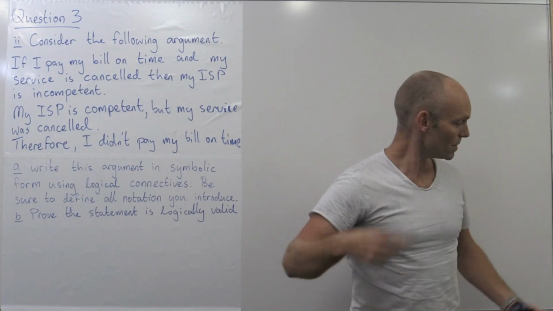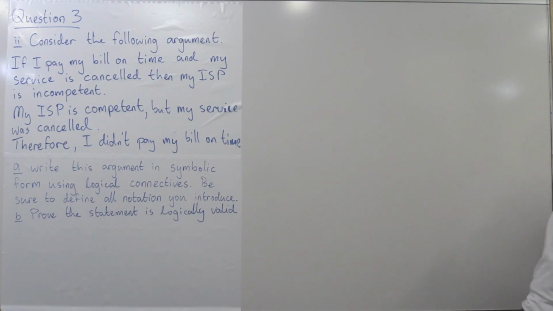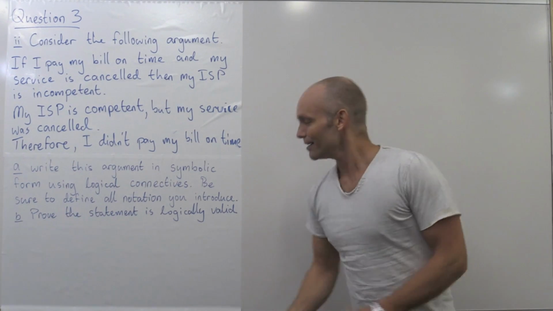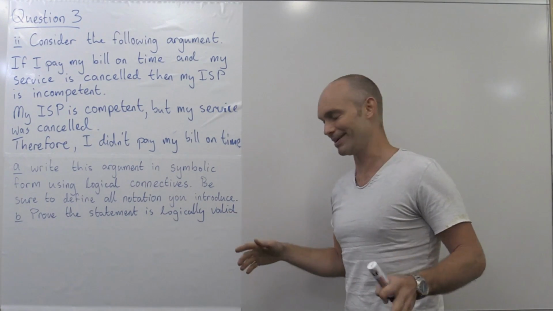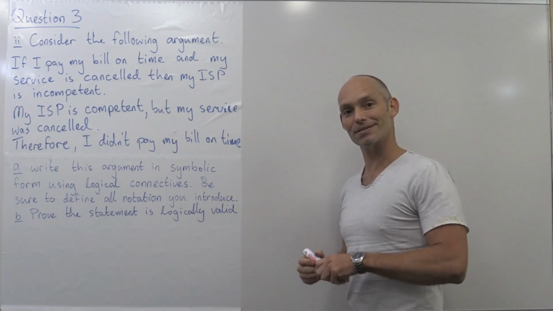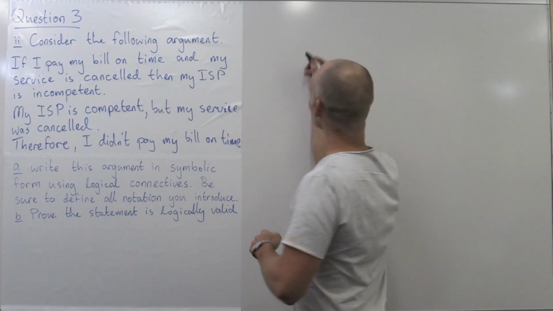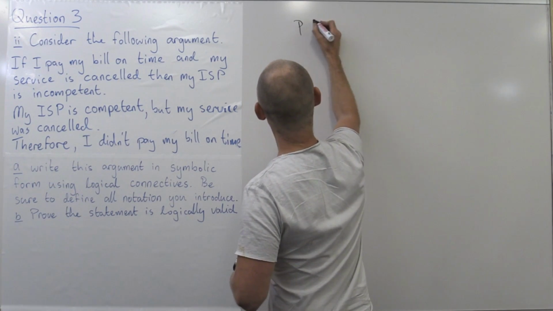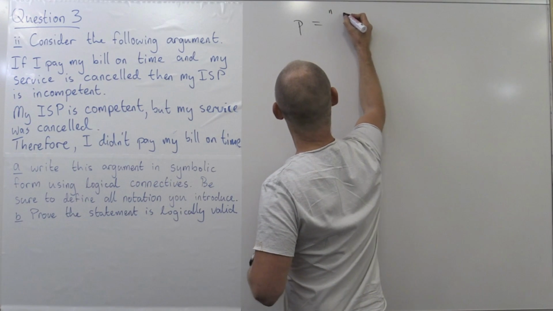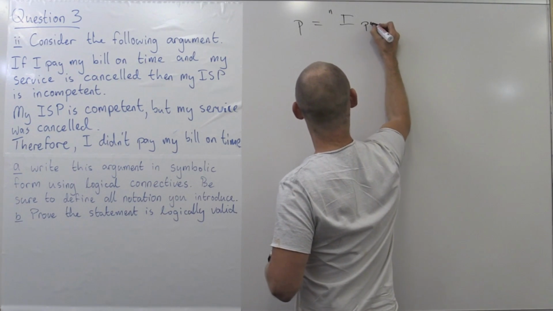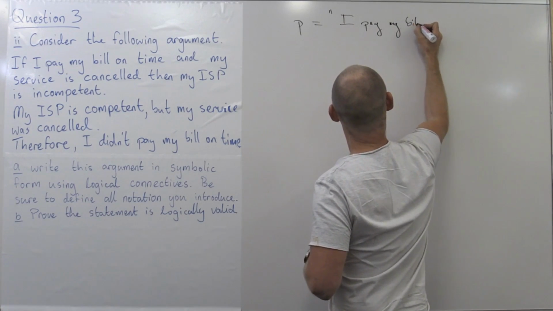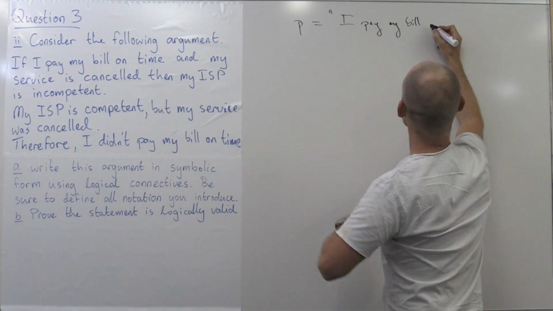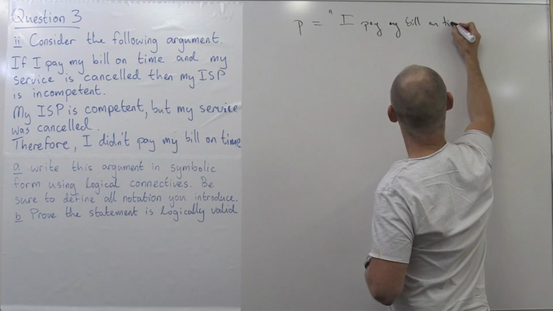So first of all, we have, if I pay my bill on time, okay, I pay my bill on time. That's the first thing that we could look at. So let's see, P, for instance, that could be, I pay my bill on time.